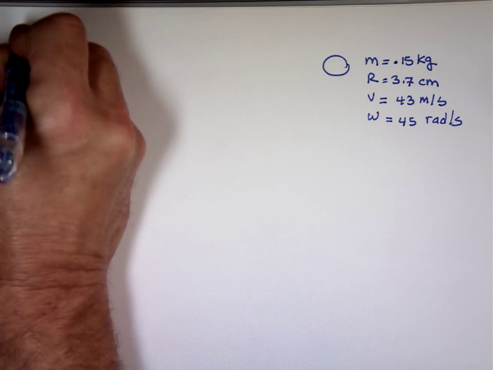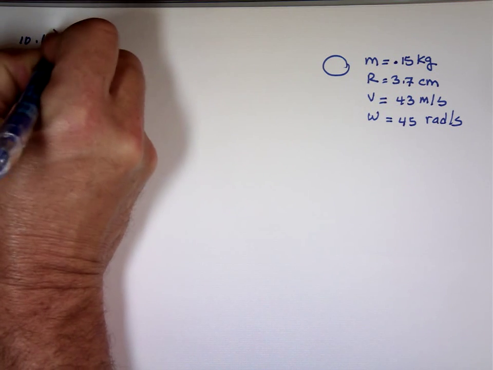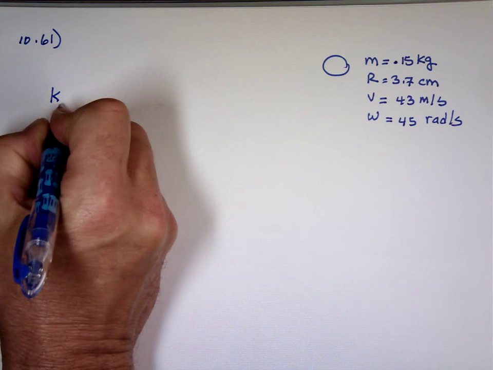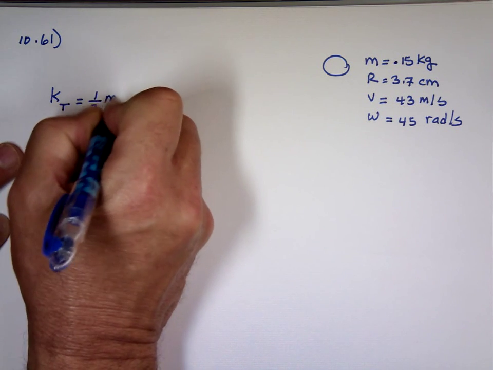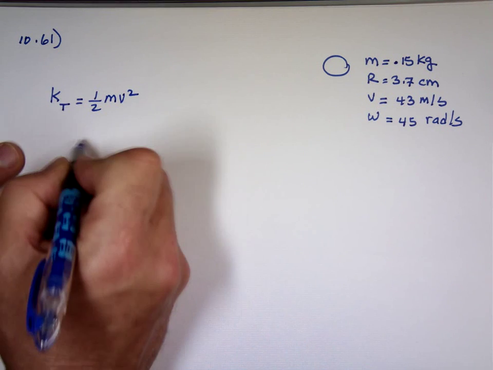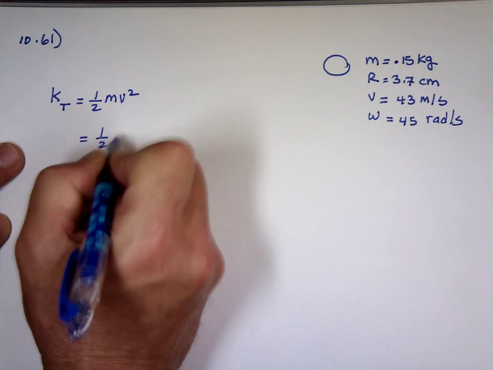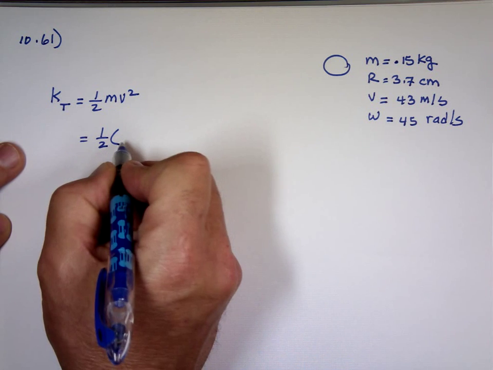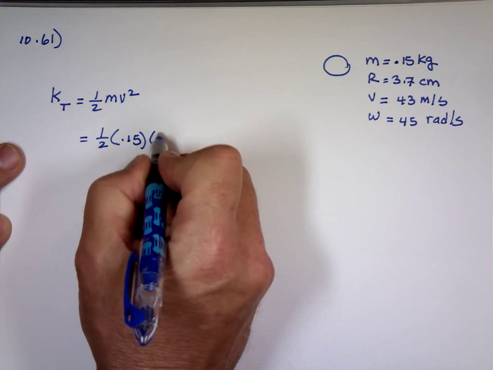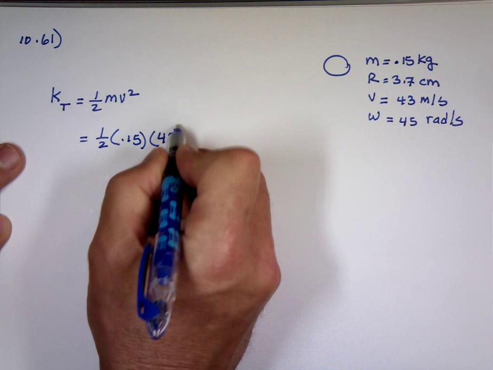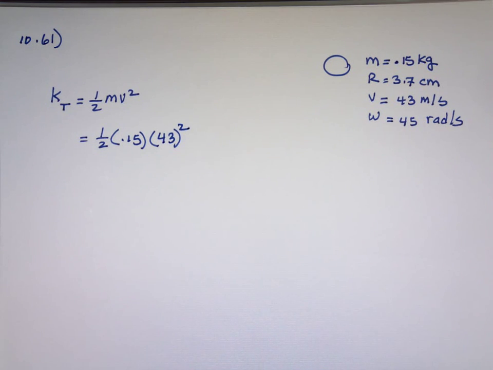This is 10.61. What is the translational kinetic energy? It's 1/2 mv squared. We have all the values. We know the mass. We know V, which is 43. Now, me personally, I probably will never give you both of these, but I'll have you calculate the other one.